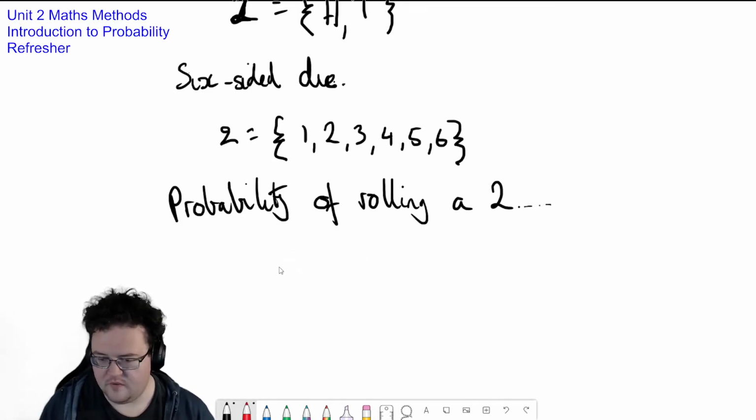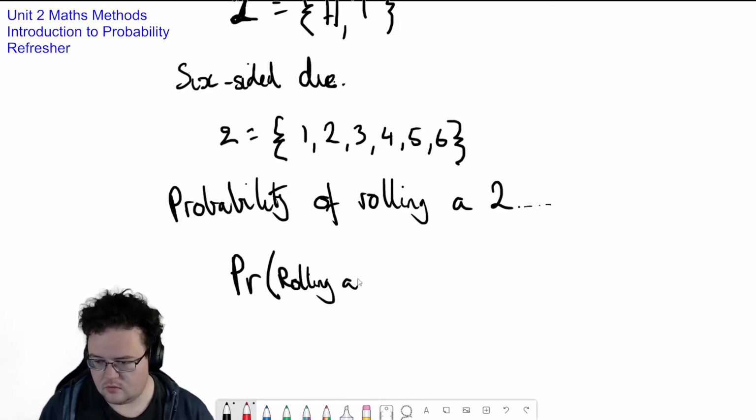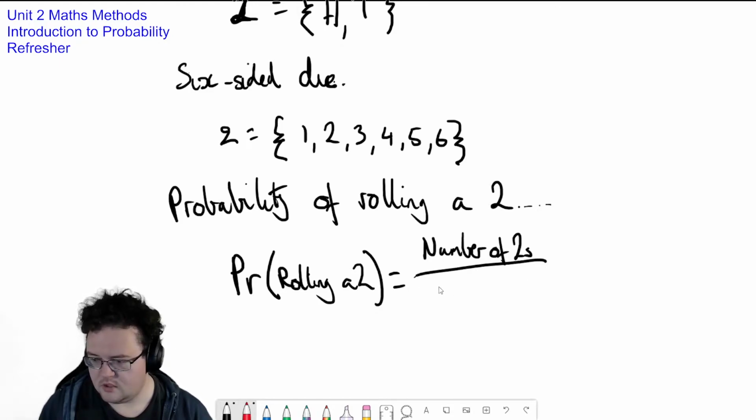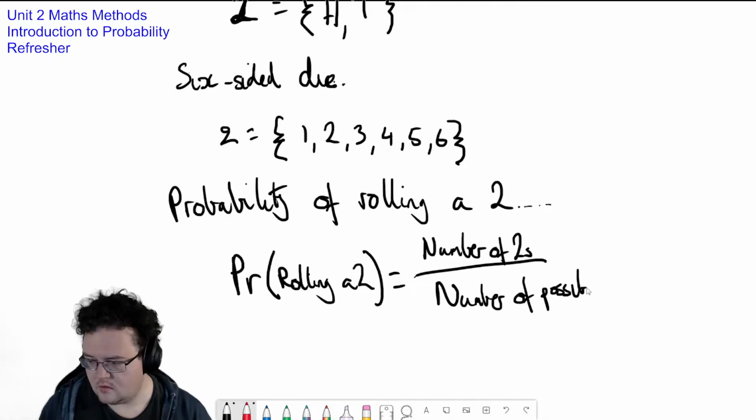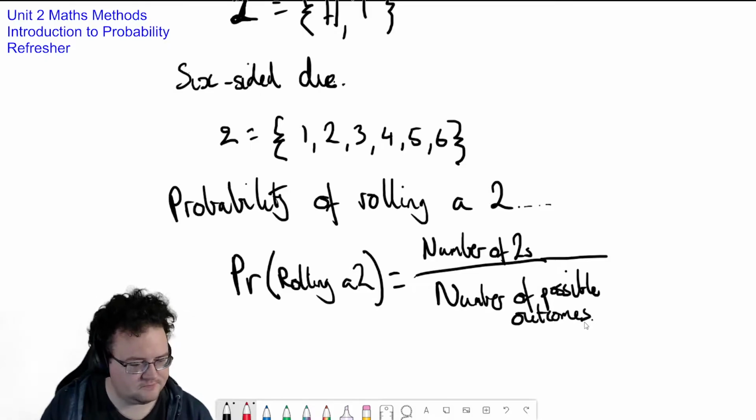So the probability of rolling a 2 is equal to the number of 2s divided by the number of possible outcomes.